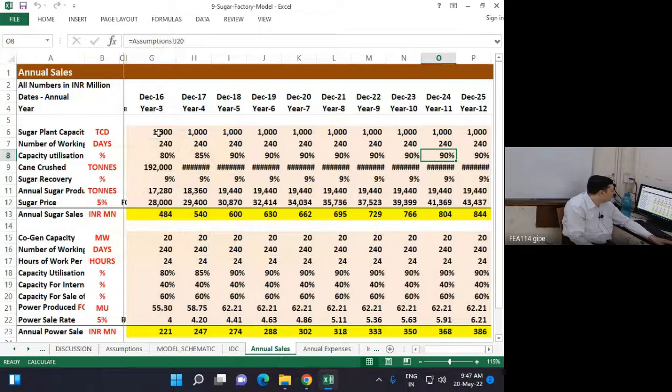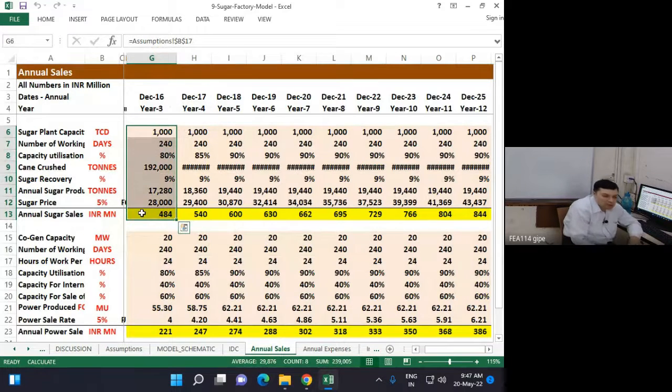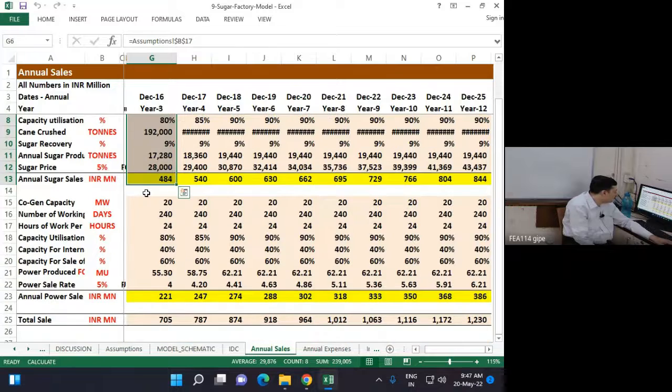So we went into a little more of the details of how revenue was earned by crushing sugar and how to take into account utilization levels, and so on. And same we did for power, that is electricity. And you will see around 35% of the sales was coming from electricity, and remaining 65% was coming from sale of sugar, which is the primary line of revenue.